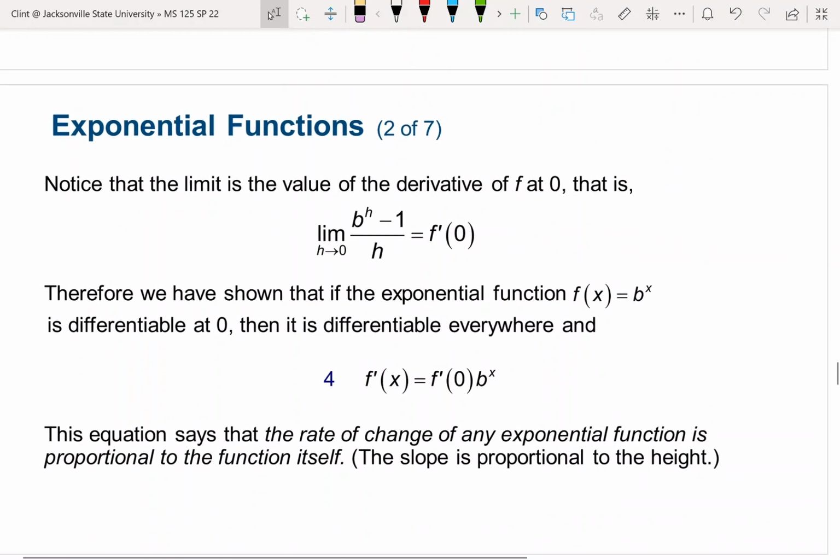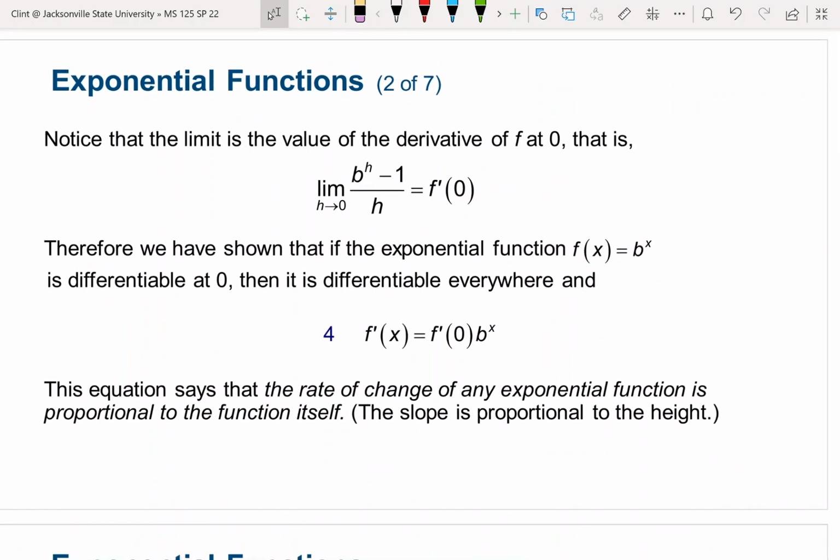So another way of writing our derivative is to say that the derivative of b to the x is f prime of 0 times b to the x. That's pretty interesting if you stop and think about it. The derivative of an exponential function is going to be a multiple of itself, b to the x, and not just any multiple of itself.